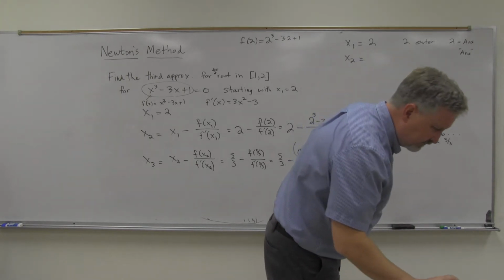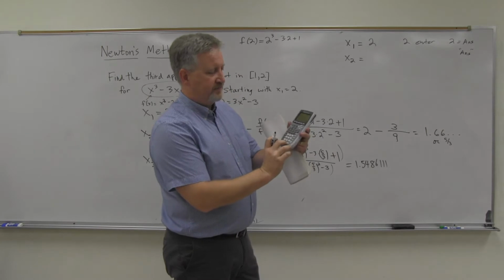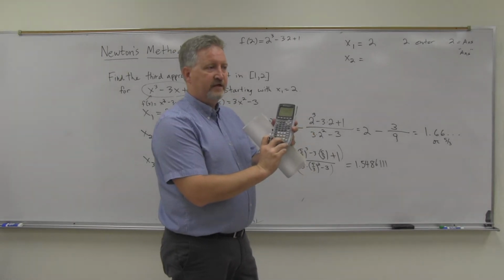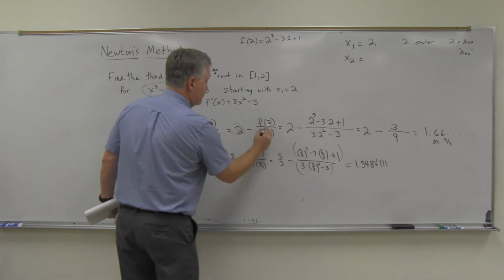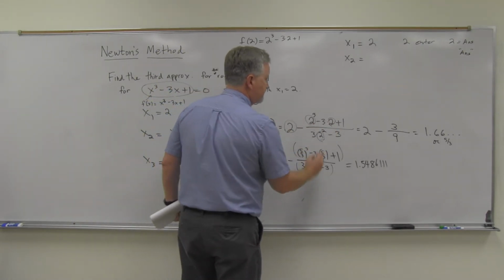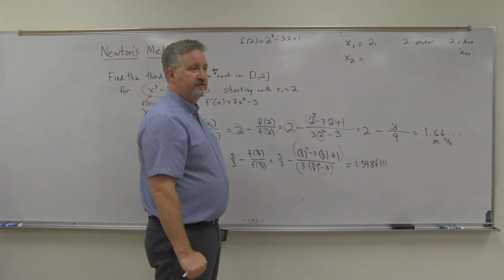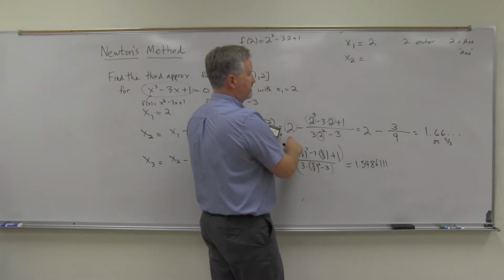On the TI-84s, it's right above the negative sign at the bottom, that blue ANS. I'm going to use that button in the place of 2 here. So wherever I see a 2 in this, I'm just going to put ANS.